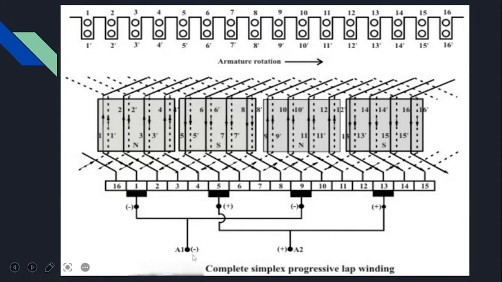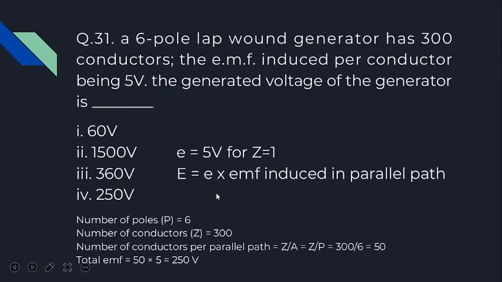It means whatever the voltage we have at this brush, because of one parallel path, will be the same voltage we have at this brush also. So each parallel path will have the same voltage, as you all know that in parallel the voltage remains the same. According to this question, as they have asked the EMF generated in a generator, you need to find out the EMF generated in one parallel path.